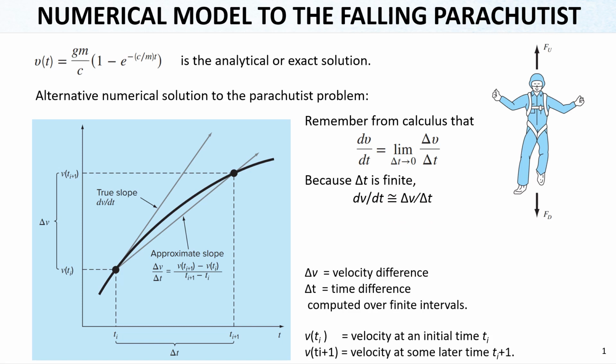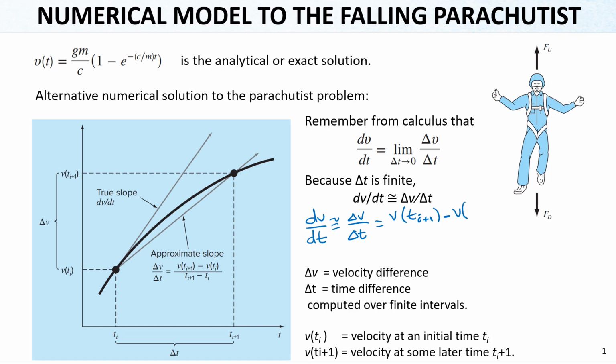So we can simply use this approach, and then we can say that dv over dt, which is approximately delta v over delta t, which means v at two different, consecutive times, ti and ti plus 1.